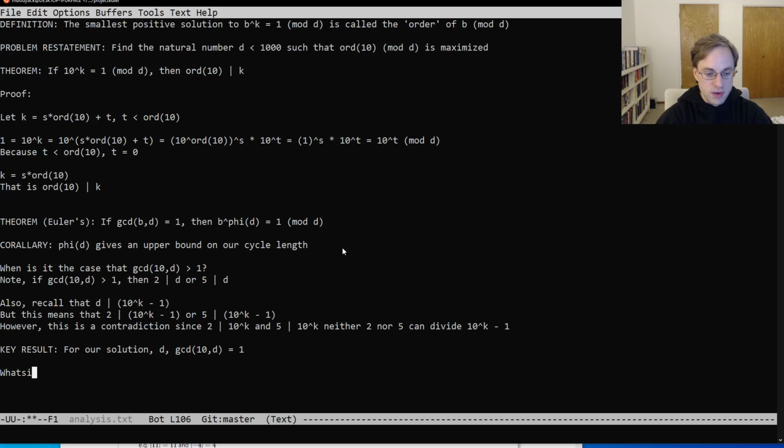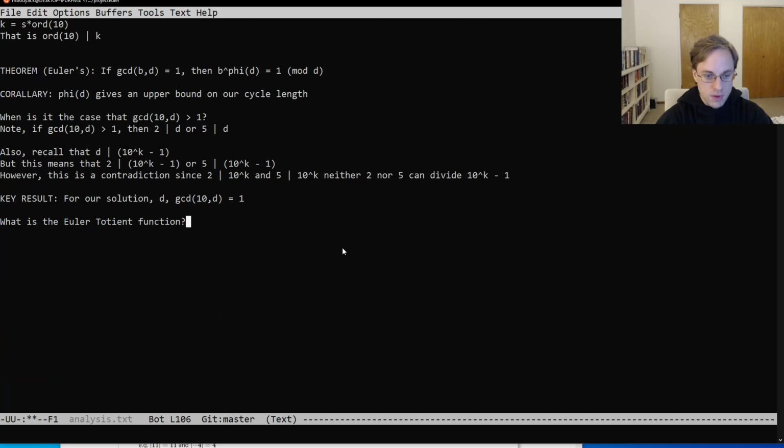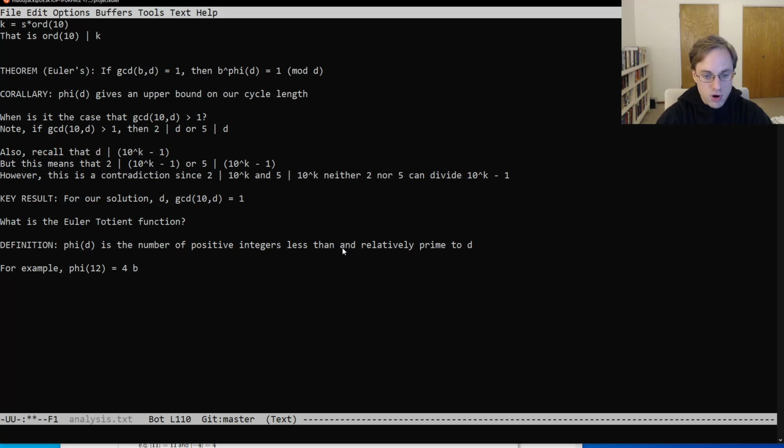Okay, so now what is the Euler totient function? So we'll just say definition. Phi of D is the number of positive integers less than and relatively prime to D. For example, phi of 12 is equal to 4 because 1, 5, 7, and 11 are relatively prime to 12.